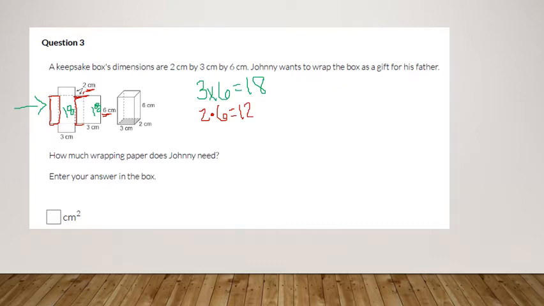I can erase my boxes again, and these are each going to be 12. And last but not least, we've got the ones on top and bottom, which are 2 centimeters by 3 centimeters. So 2 by 3, those are 6 each.